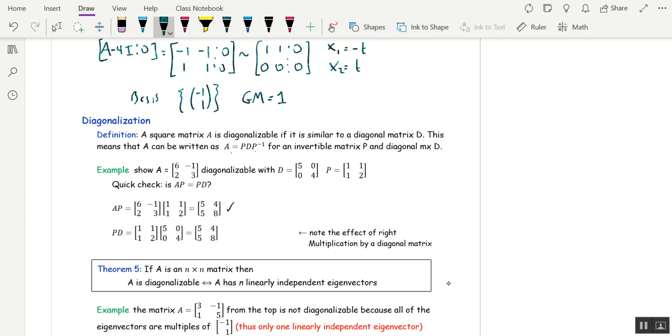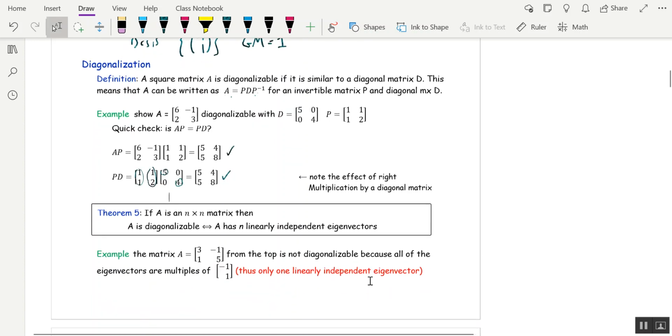I got this matrix here, and yes, they're equal. But I just want you to note, again, when you multiply by a diagonal matrix, it scales the columns of A. So the first column gets scaled by 5, and the second column gets scaled by 4. Okay. So that's always an easy check when D is diagonal.